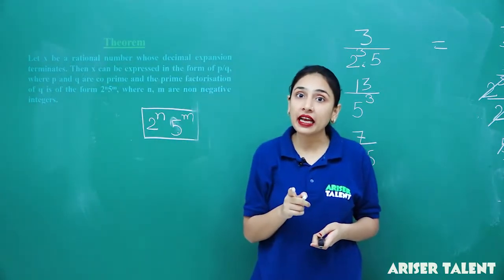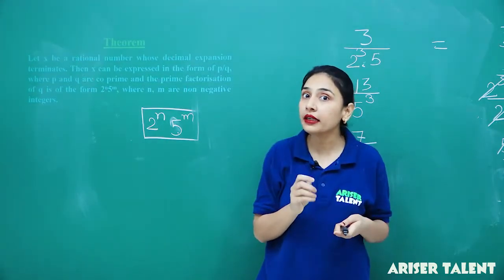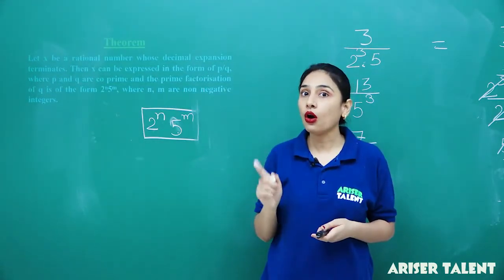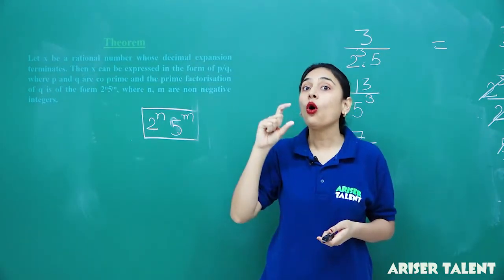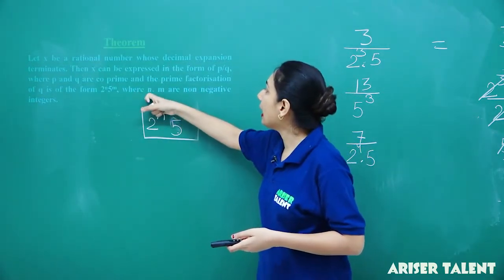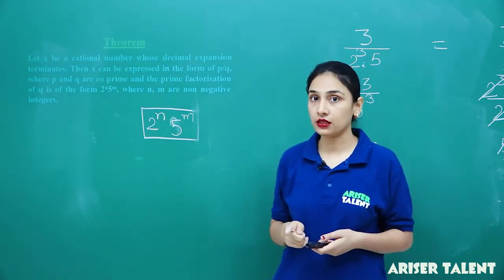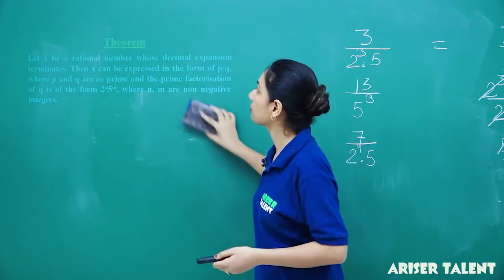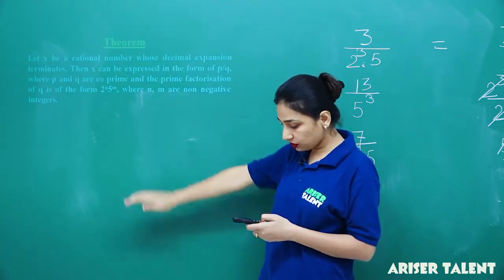So, the prime factorization of the denominator will always be either a power of 2 or 5 or both, where n and m are non-negative integers. These are only positive integers, right? See this theorem very carefully, it's of your use.